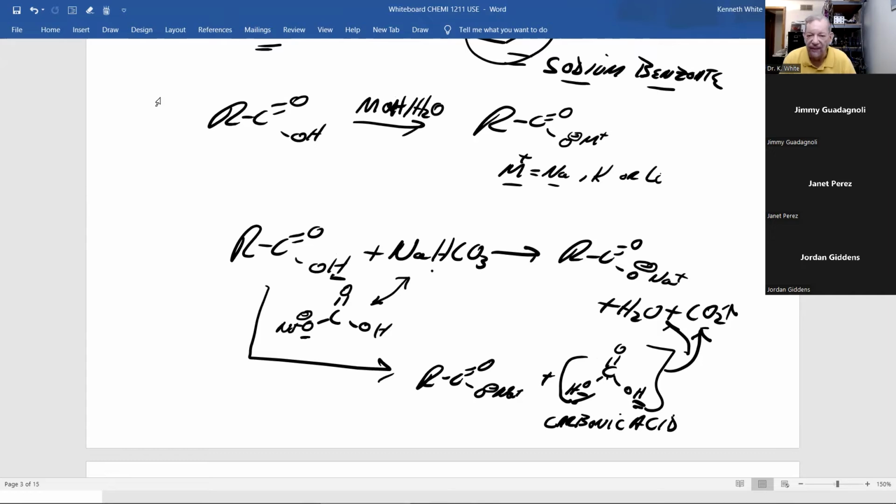Did anybody happen to drive by a gas station and see they say this gasoline contains up to 10% ethanol, and ethanol is an alcohol? Did you happen to look at a bottle of wine or hard spirits like vodka, and that contains ethanol or ethyl alcohol, which is an alcohol?